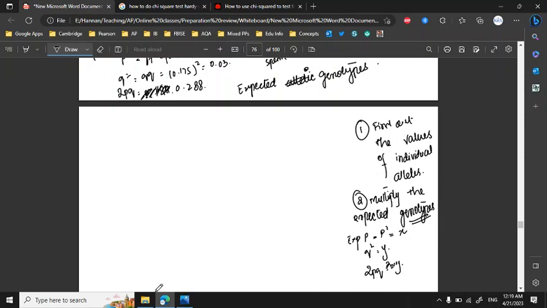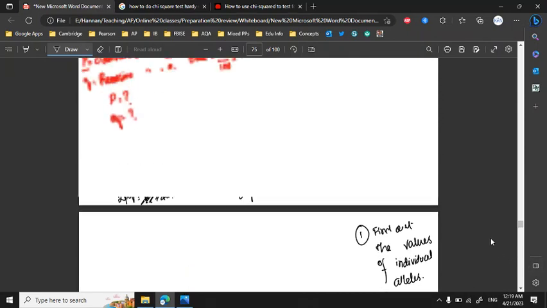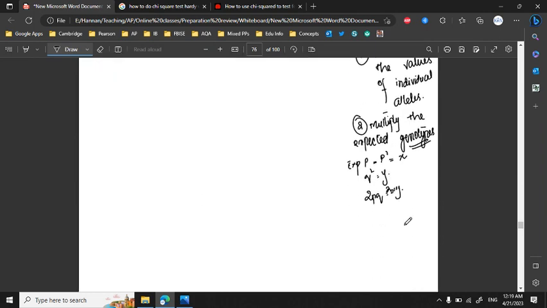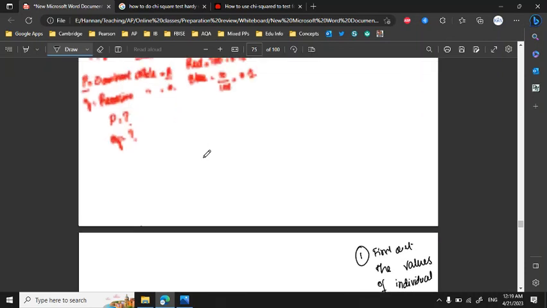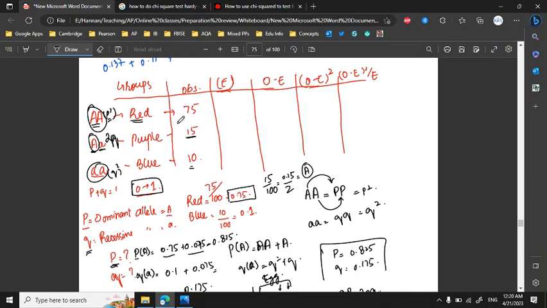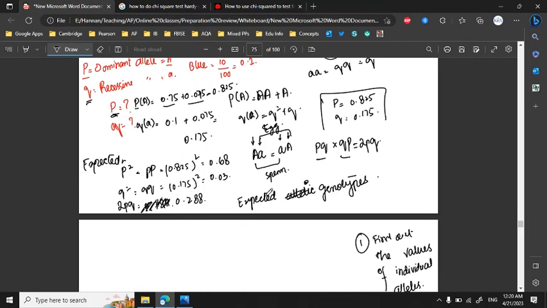So in the end, when you are done finding out the values of the expected genotypes, you would multiply them with 100. Why? To put the data into a table, because all of these values are between 0 and 100.